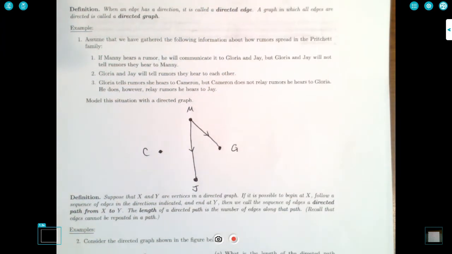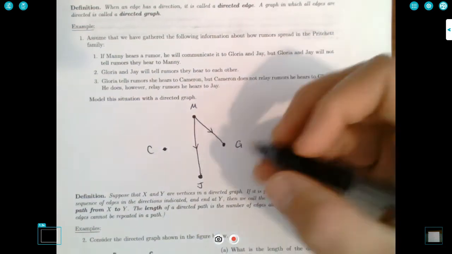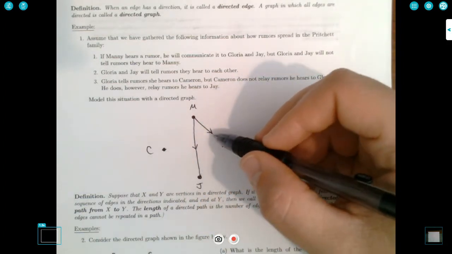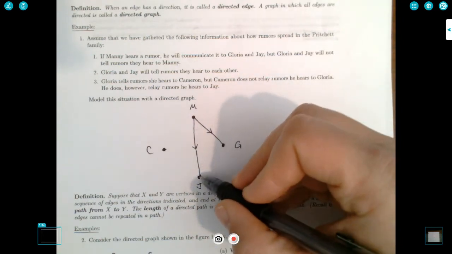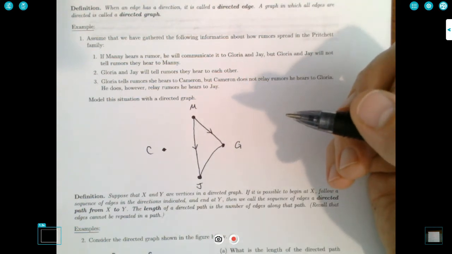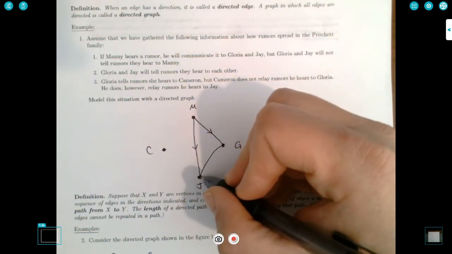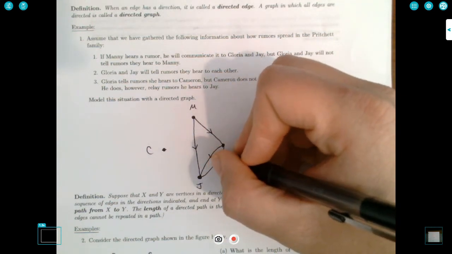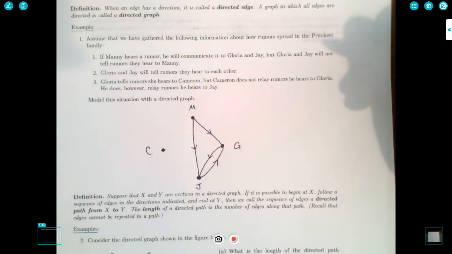Right? They flow from Manny to Gloria and from Manny to Jay. Okay, number 2. Gloria and Jay will tell rumors they hear to each other. So Gloria and Jay communicate. And since we're drawing a directed graph, if I just draw an edge like this without indicating a direction, that's a little confusing. So what I'll do is I'll draw 2 edges actually. One of them going from Gloria to Jay, the other one going from Jay to Gloria, since they communicate with each other. Okay?